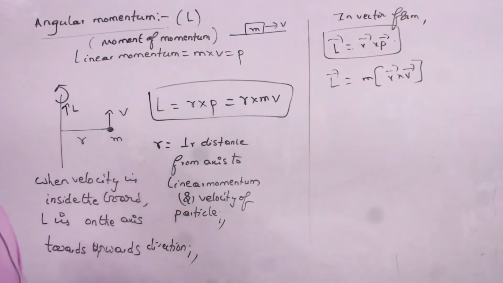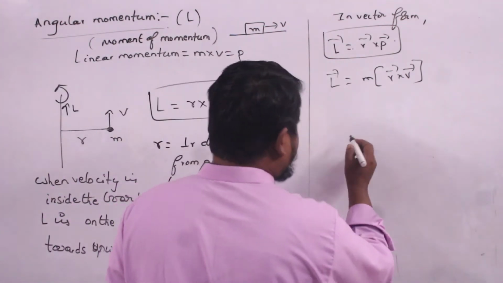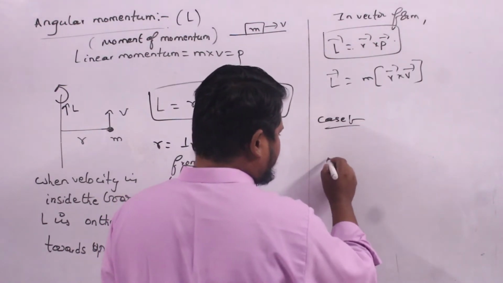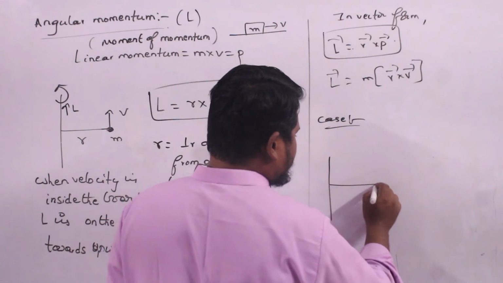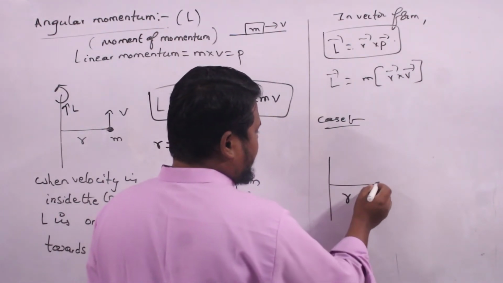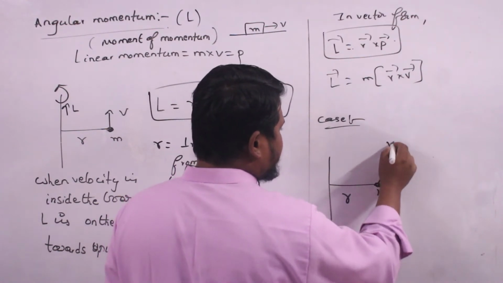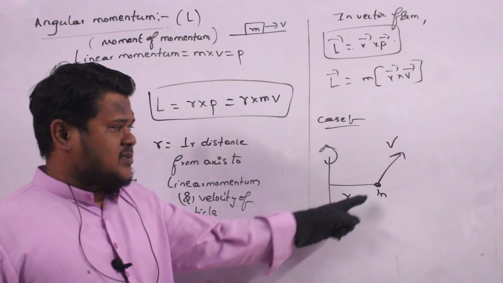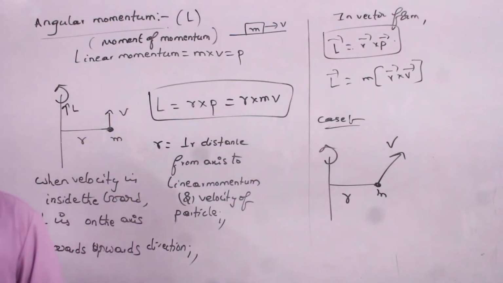Understood? Similarly, for example, if I take one body, let us take one case. This is a body of mass m at a distance of r, and consider the velocity vector is in this direction. Then how can you calculate its angular momentum?